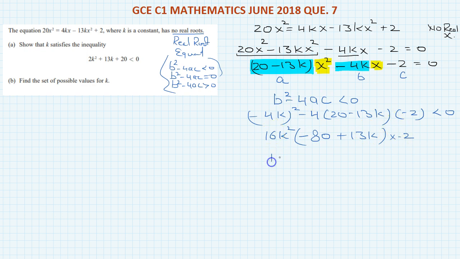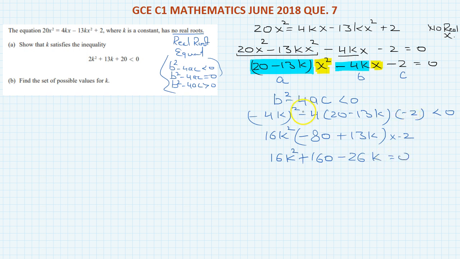So that is 16k square, this minus and minus plus 160, and this minus and plus is minus 26k, is less than 0.